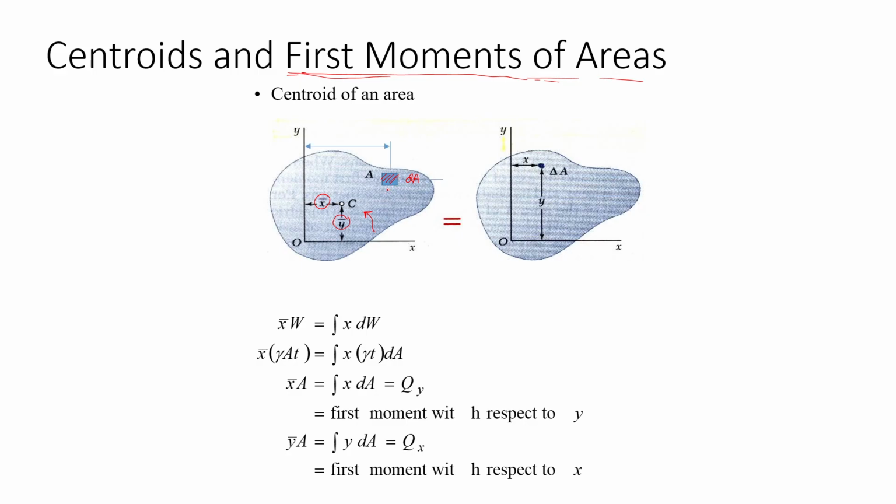So let's say x sub c is the distance of the differential area, and y sub c will be the centroid of that differential area. That will be on the right side of the equation as seen here on the third line, as well as the fourth line, y sub c. And these will be your formulas.